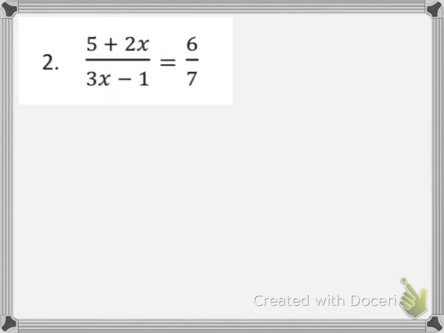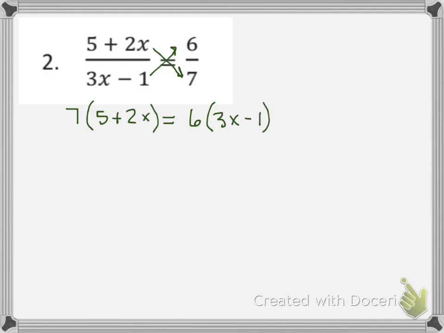Number 2. Same thing here, means extremes. So it's 7 times the quantity 5 plus 2x is equal to 6 times the quantity 3x minus 1.